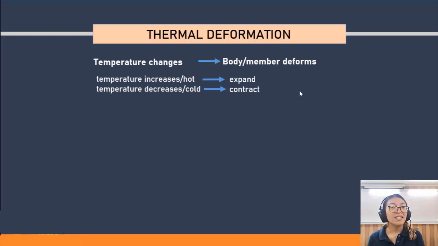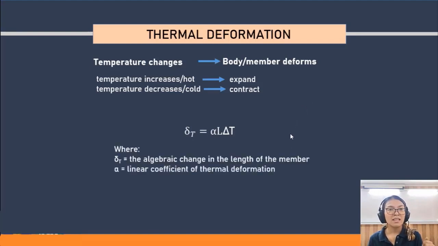Okay? And may isa lang formula na nadagdag dito. Okay? And that is the thermal deformation formula given by this alpha L delta T, or kung basahin ng marami, that is alat. Tama? Para madali siyang isaulo. Where your alpha, that is the linear coefficient of thermal expansion.